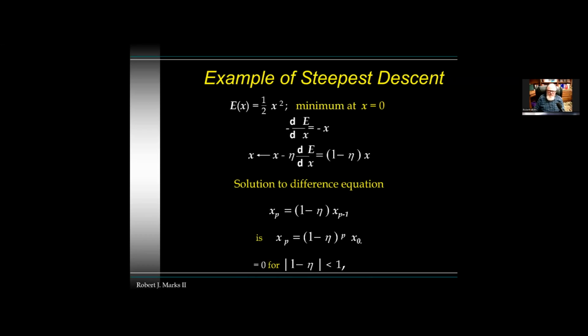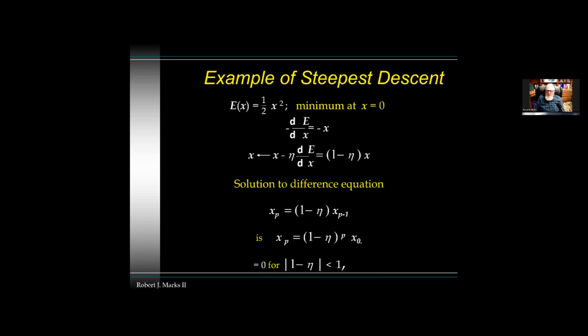And if we look at the solution of this difference equation, you can solve this using Z transforms, or if you've seen enough of these, you can do it in your head. It turns out that x sub p is equal to 1 minus eta to the p times your initialization. So this is the closed form solution to this iteration. Does that make sense? And you will notice something interesting: if the magnitude of 1 minus eta is less than 1, you take anything less than 1 and raise it to a very large power.